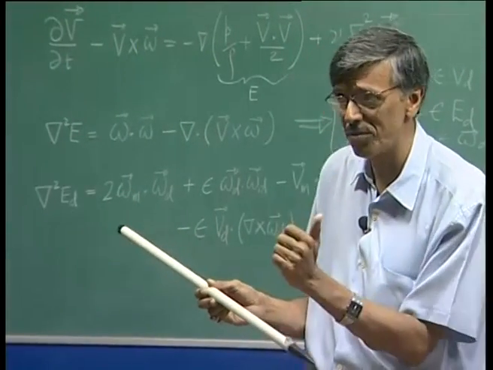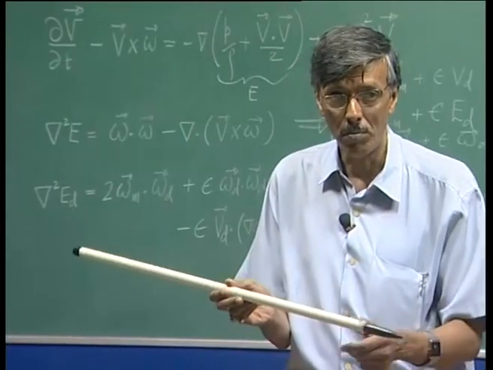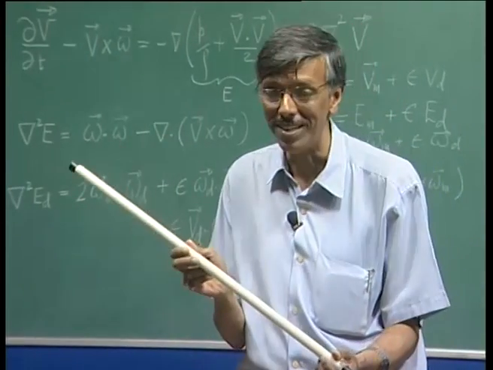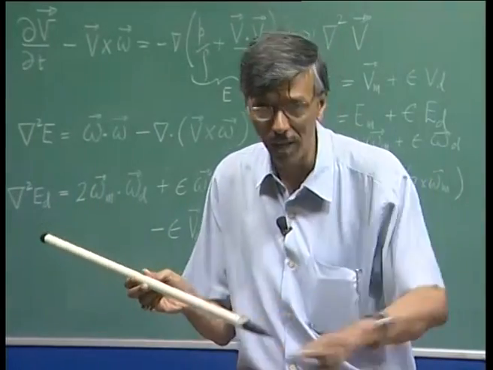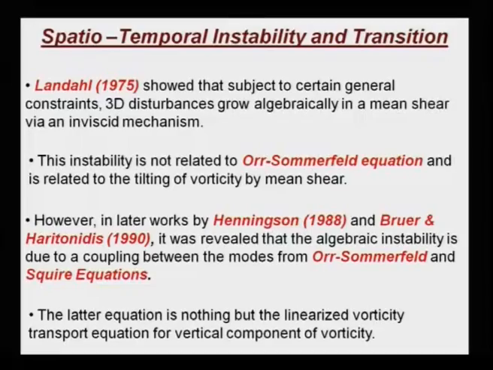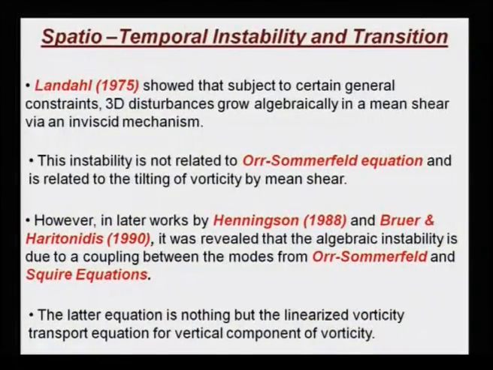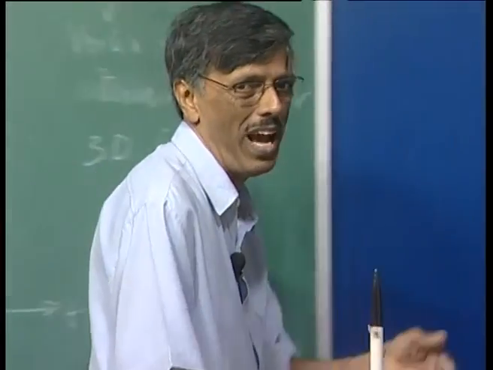So, that is your Orr-Sommerfeld mode. The Orr-Sommerfeld mode will be in the z direction, but we are talking about omega y. So, the flow is in the x direction, with the wall normal direction as y. That is your governing equation, given by the Squire equation. We can simply write it down, because we have written down the linearized vorticity transport equation. We can simply write the omega y component.